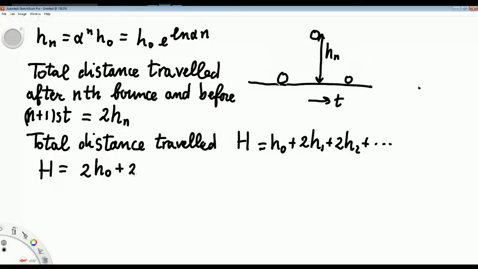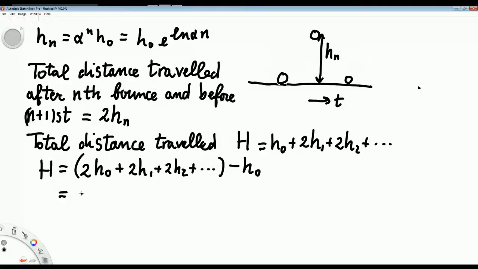So let's just pretend there's a 2 in front of the h0 to begin with, but then let's subtract it off at the end. So we've done nothing interesting, but it is now maybe a bit useful because we know the expression for the hn as a function of n. And we can pull the 2 out.